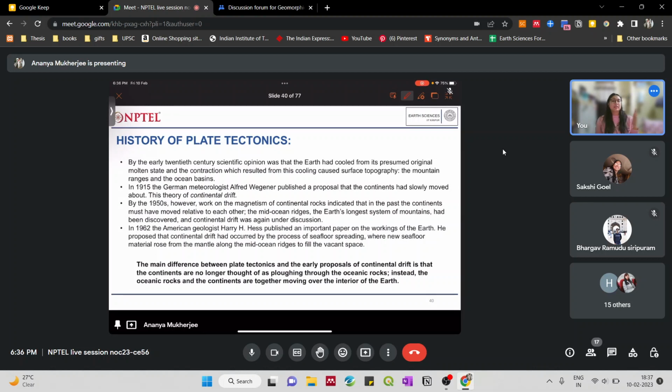That's the time people started researching mid oceanic ridges. So mid oceanic ridges gave the idea about the whole sea floor spreading.